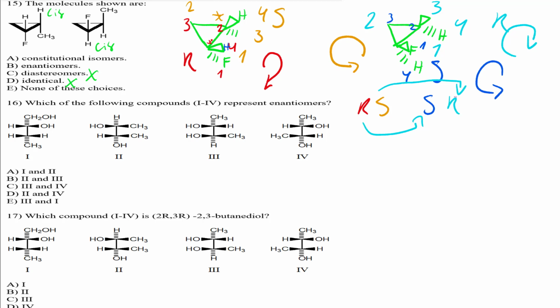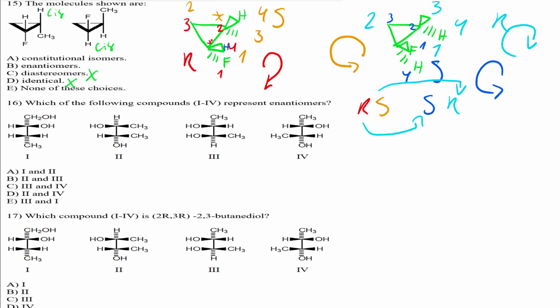And whenever you have that relationship, it may be meso, it may be enantiomer, right? So you're kind of having a toss-up. Well, is it going to be meso? No, it's not going to be meso. Why is that? Because you don't have a plane of symmetry.